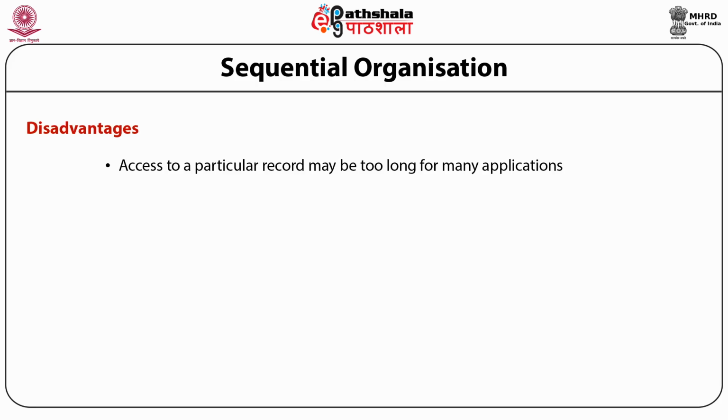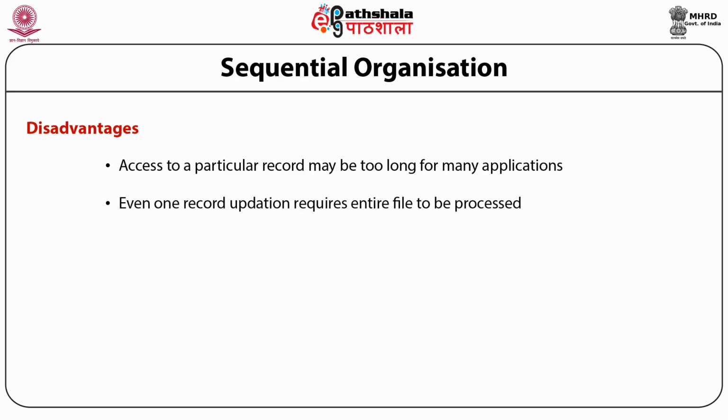Since if you have to read records in a sequence, it takes more time to read a particular record, particularly if the record is last in the sequence. So you have to cross all the previous records to access that particular record. So it takes more time while reading on a sequential storage organization.